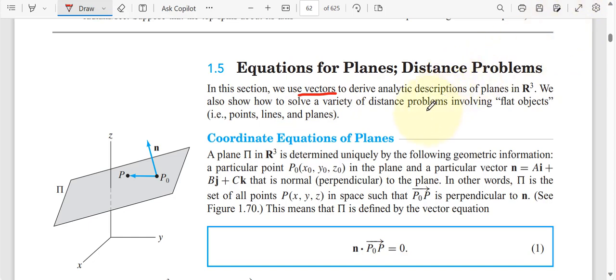And then we're also going to solve some distance problems involving flat objects. So I guess that means non-curved objects. So lines and planes. Lines mean straight lines. Planes are sort of not curved. And I guess we can say points are not curved, although honestly, I've never seen that said like that before.